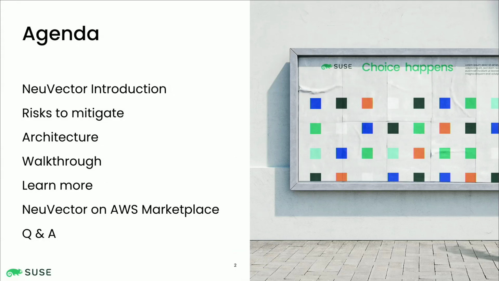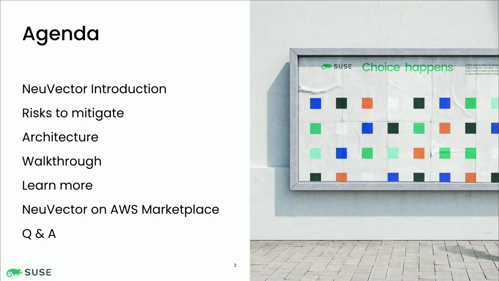Perfect. So, what you can expect from that session today. We take a brief look on NeuVector as a product, the features, high level, just to ensure that we're all on the same page. Then we talk a bit about the actual type of risks that we want to mitigate as part of our code pipeline, as our CI/CD workflow. Then a bit more about the architecture of that, how different pieces fit together.